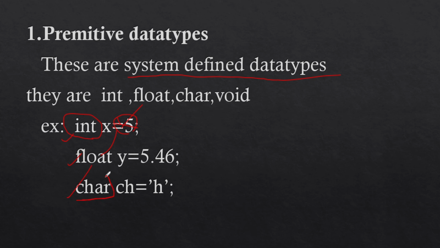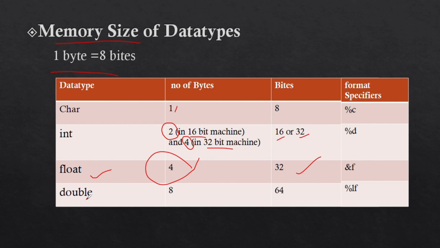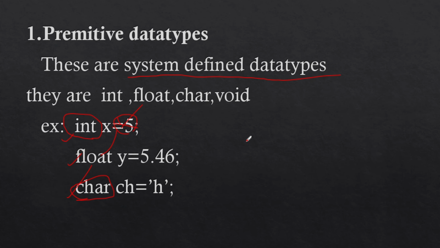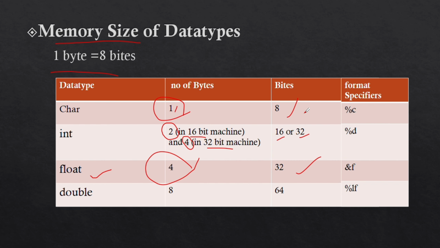Okay, next, character. If I say I'm giving a character variable, it will allocate a space of 1 byte or 8 bits. Okay. Now I think this is clear for everyone. And now, memory size.